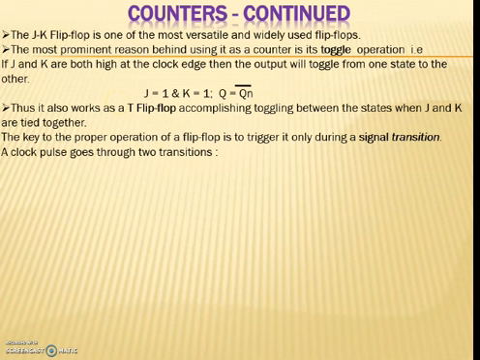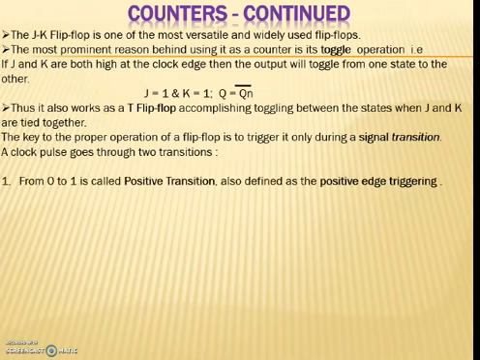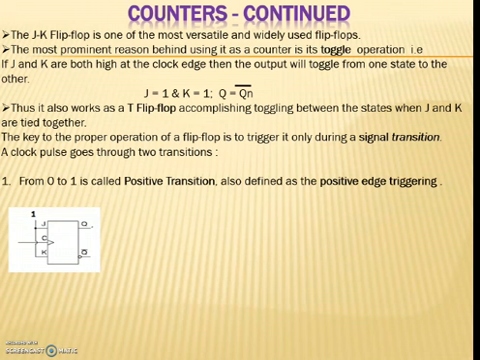The key to proper operation of a flip-flop is to trigger it only during the signal transition. There are two types of transitions. The first one is from 0 to 1, which is called positive transition and also defined as positive edge triggering or rising edge triggering.